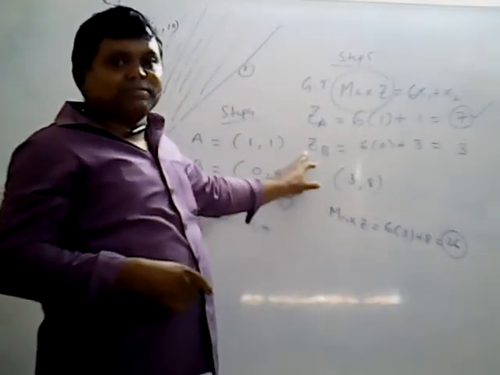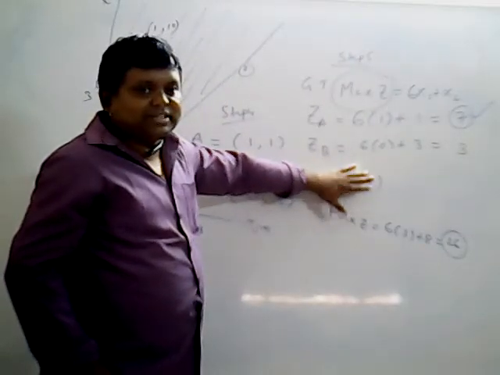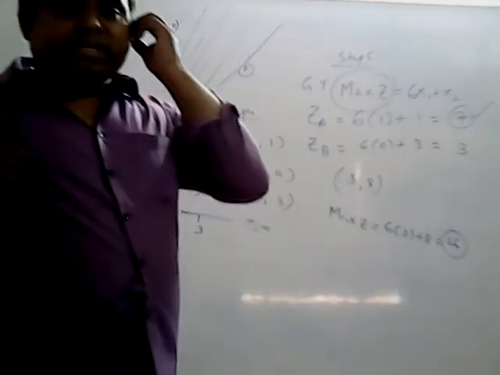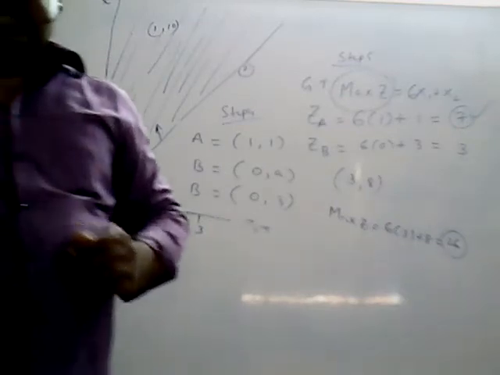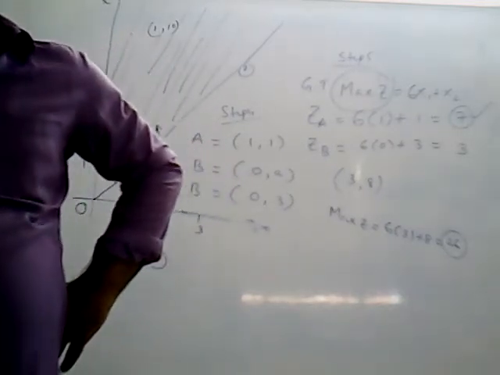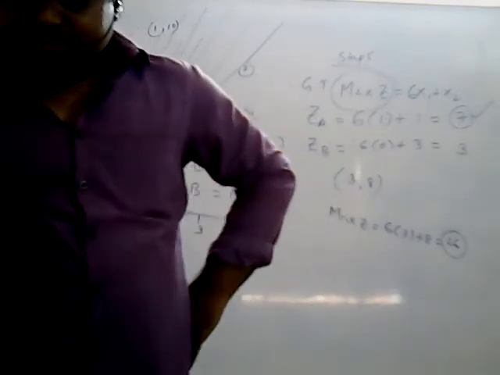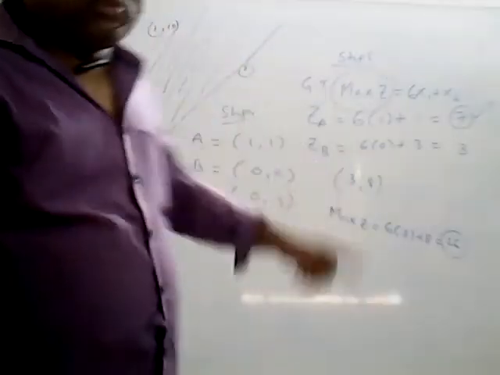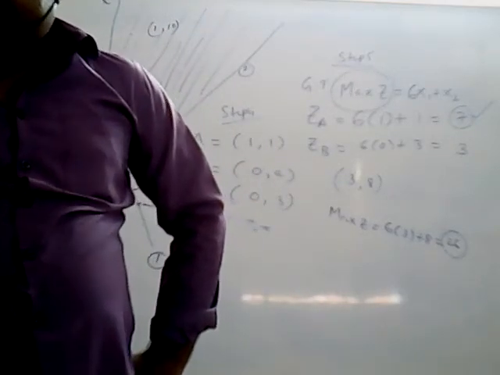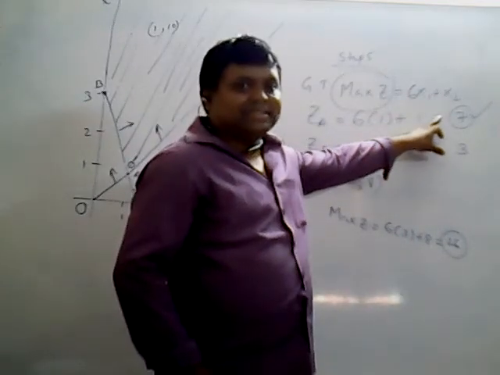Right? So after step number 5, write out: the LPP has an unbounded solution, since there exist a number of points in the feasible region for which the value of the objective function is more than 7.